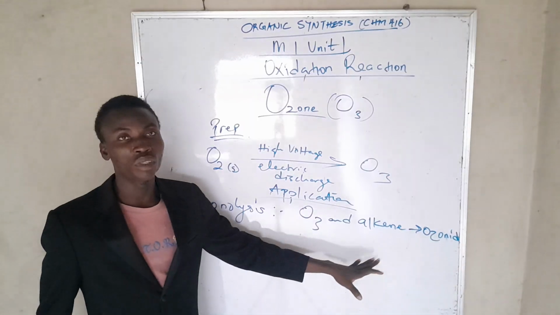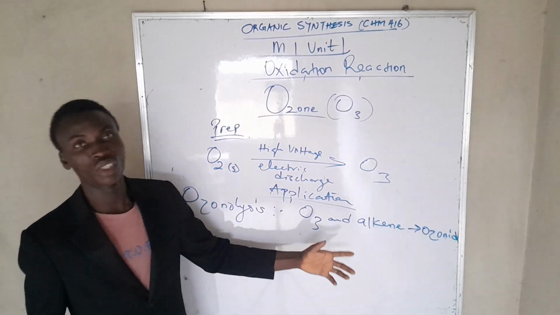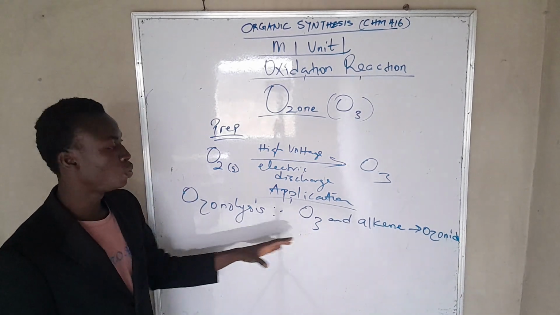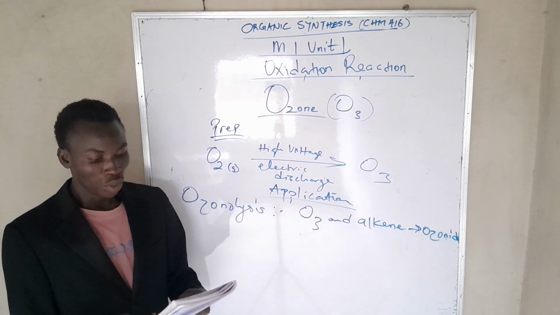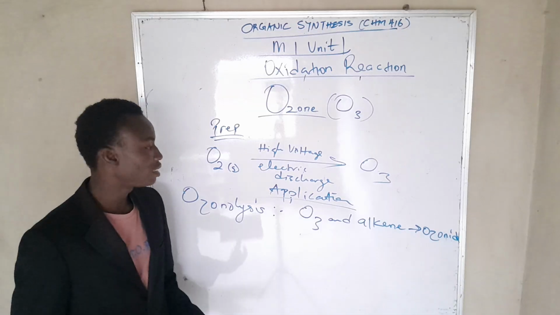Such as the way we have oxide. So this time around, this one is not forming oxide, but it's forming what we call ozonide. Oxide is for oxygen, which is O2. Then ozonide is for what? Is for ozone, which is O3 in most of the reactions. So the ozonide is then reduced directly to acetic acid.